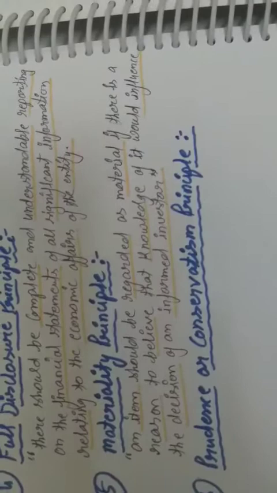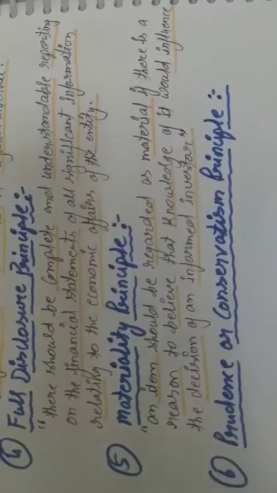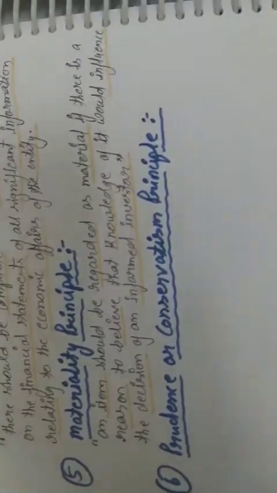So according to this principle, we don't have to think about the profit, we have to think about the losses. Loss should not be there in our business. Okay, so automatically profit will be there.